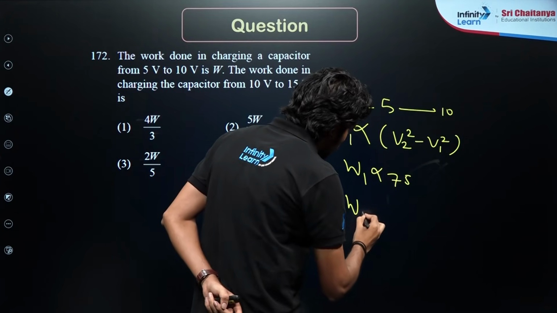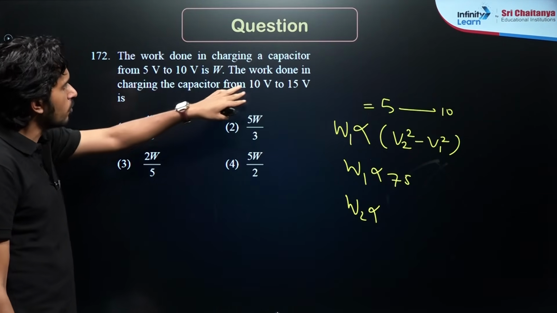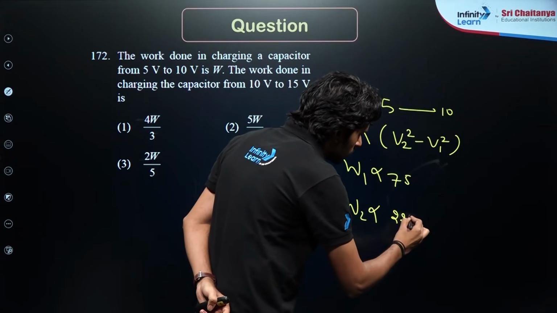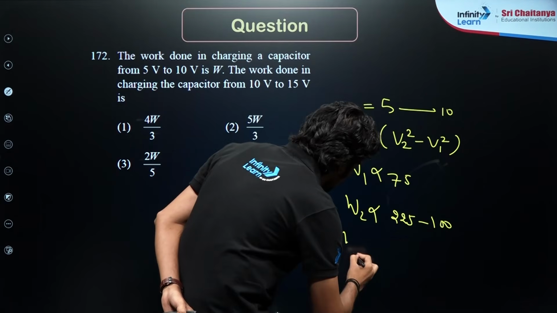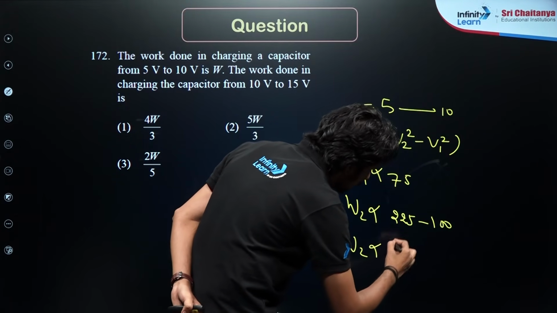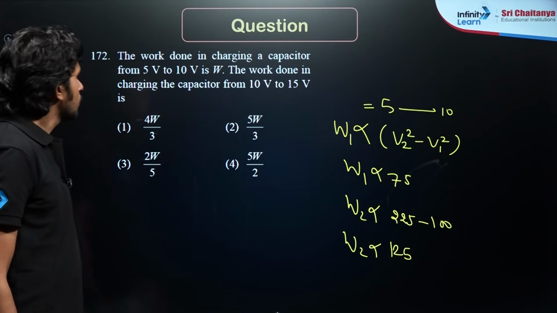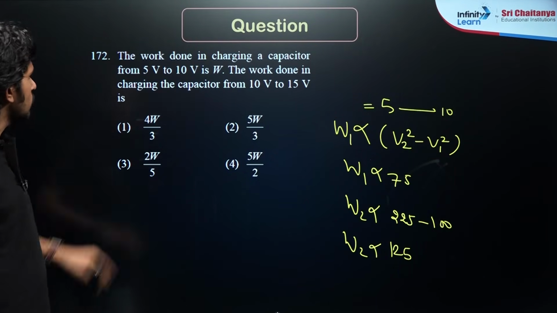At the same time W2 will be in the ratio of, now voltage is changing from 10 to 15. Square of 15 is 225, minus square of 10, 100. So W2 will be in the ratio of 125. What do we want? The work done in charging from this.